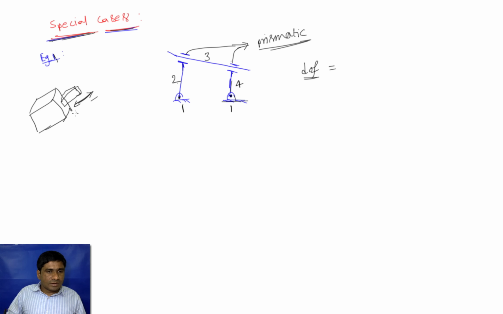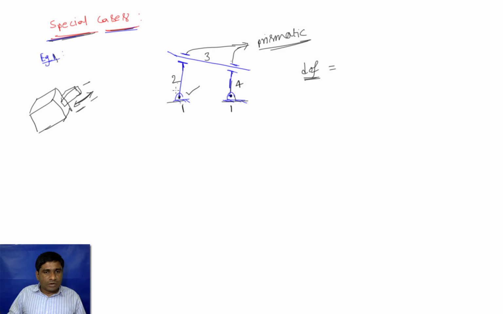So what is the degree of freedom here? Only 1. As in a pair connected by a revolute joint, a pair connected by a prismatic bar also has only 1 degree of freedom. So if I calculate the degree of freedom using the general formula, here n equals 4, and what is p1?